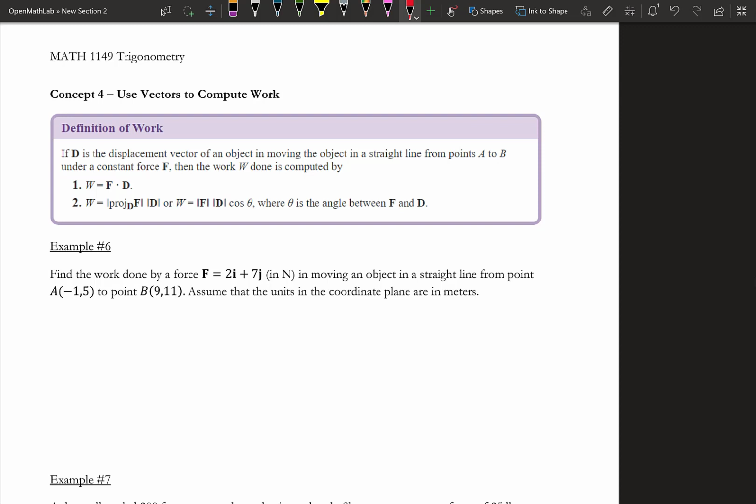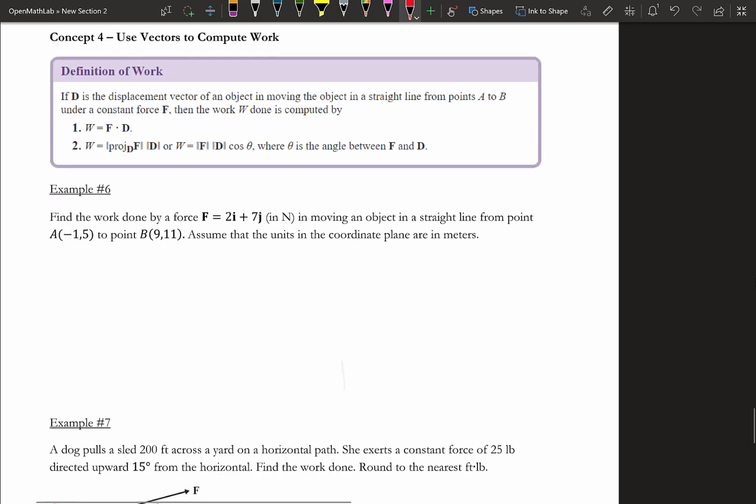So work is equal to the dot product between the constant force vector and the displacement vector. And then number 2 says that the work is equal to the modulus of the projection of F onto D times the modulus of D. Or in other words, we can take the modulus of F times the modulus of D times cosine theta, where theta is the angle in between F and D, to find work as well.